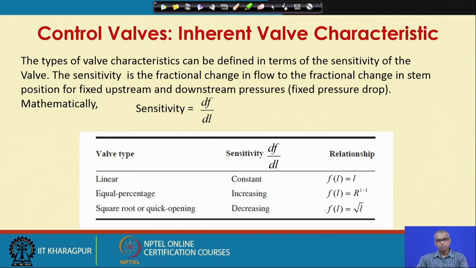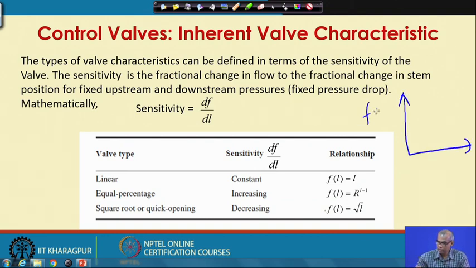For a linear valve, the sensitivity is constant. So, you get a straight line of constant slope. So, for a linear control valve, sensitivity is constant. For an equal percentage control valve, if you look at the graph, this is f of l and this is lift l. For linear, this is the relationship, the slope dF by dl is constant.